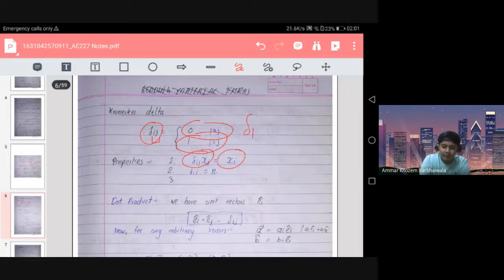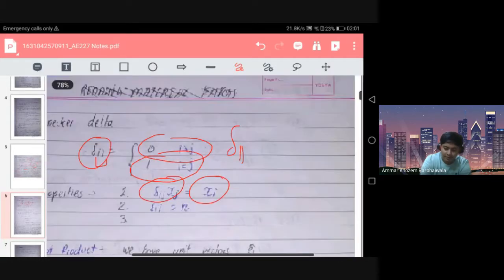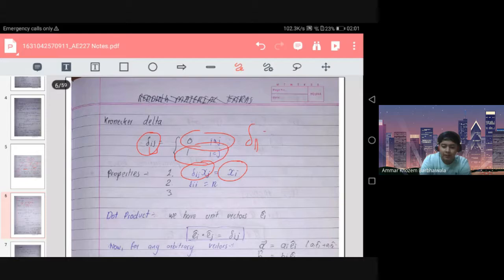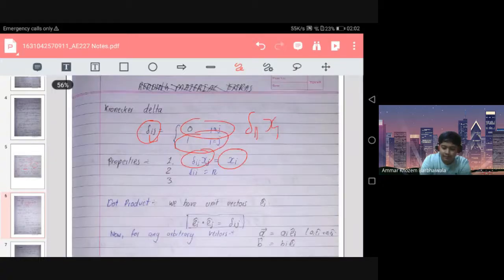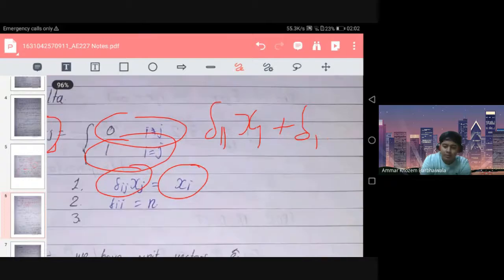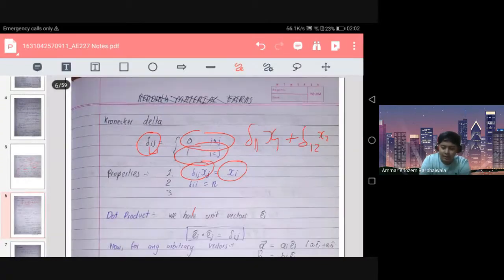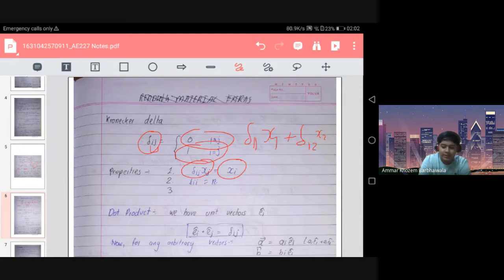So delta i1 x1, and the other part would be plus delta i2 x2. So basically you would sum over all j, right? In the end, when j equals i, this xj would be converted into xi, and delta ii would be 1, of course when i equals j.